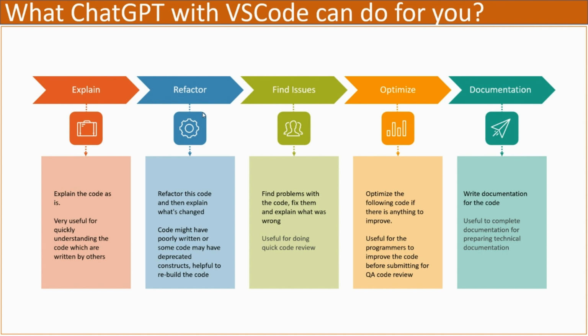So these are the benefits, and we are going to see a live demo on how to configure ChatGPT with VS Code and then use a sample code, and I will run through these five important benefits that we can leverage using ChatGPT.